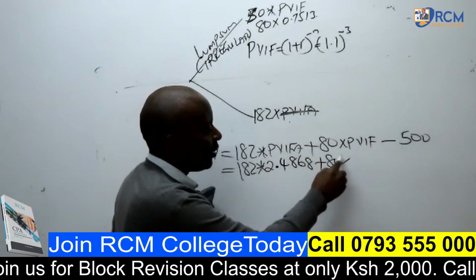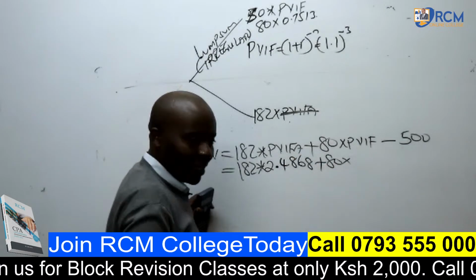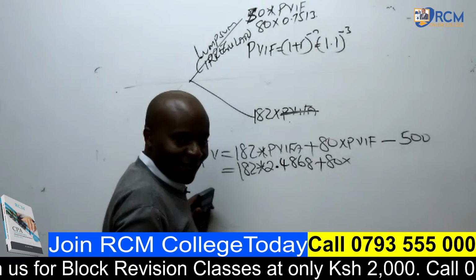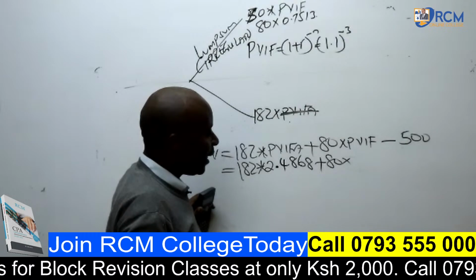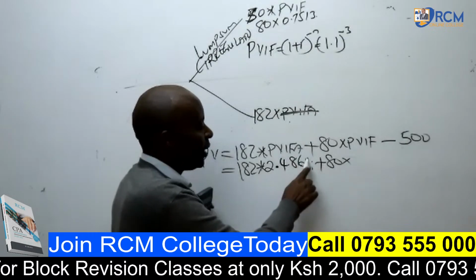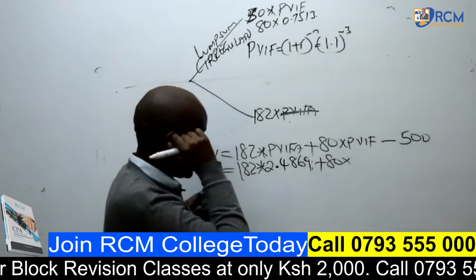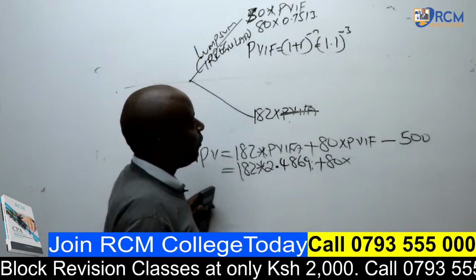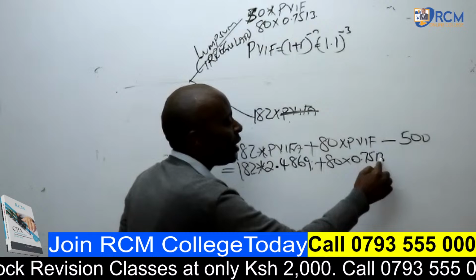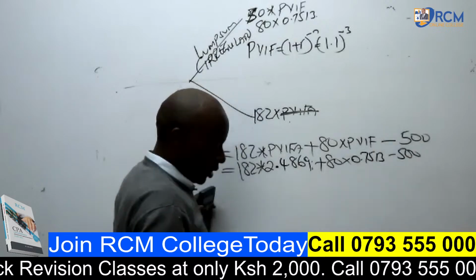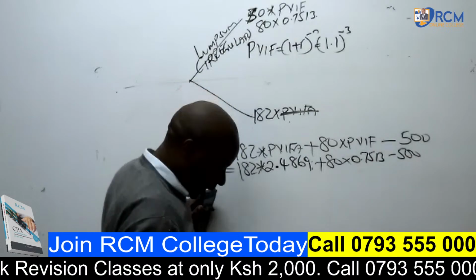Plus 80. Is there somebody who's giving a different figure? Actually, it says 69, not 68. 2.4869. Thank you very much from Mercy. Plus 80 times the PV. PV, you have given me the figure of 0.7513, minus 500. So take out your calculator boldly.